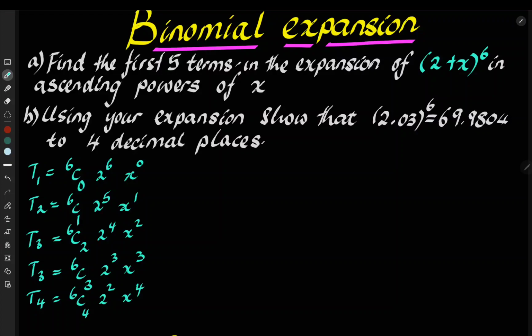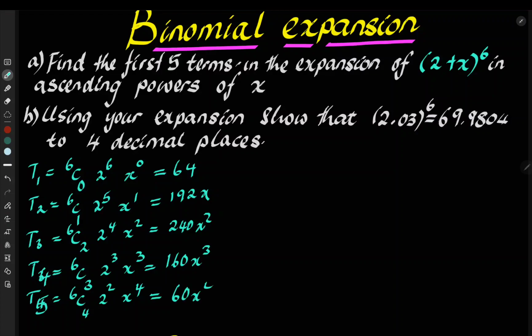Then term number 5. So this is term number 1, 2, 3, actually this is number 4, and this is number 5. When you simplify this, this will give you 64, and this will give you 192x, and this will give you 240x squared, and this will give you 160x cubed, and this will give you 60x to the power 4.